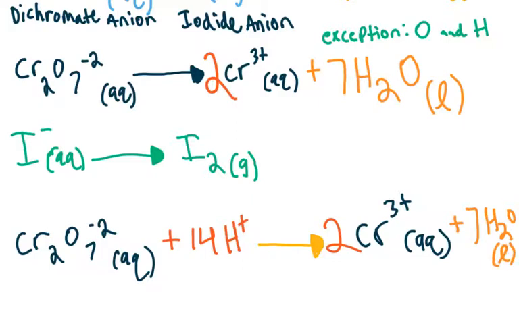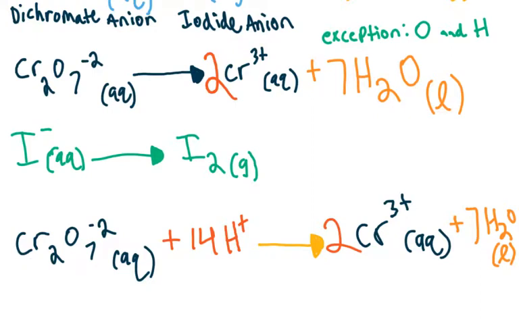So now this half reaction that we started with is temporarily balanced. We have 14 H+ on this side and 14 hydrogens here. We have 7 oxygens here and 7 oxygens here, and we have 2 Cr3+ here and 2 Cr3+ here.